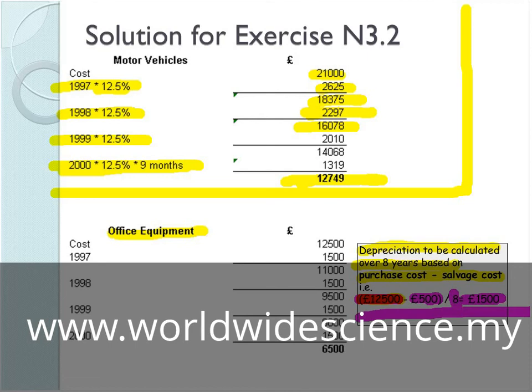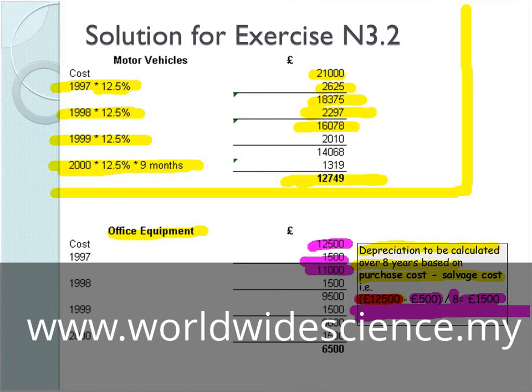So you see, we have calculated the depreciation, which is equal to 1,500, and based on the straight line method, we must show how we do the calculation for depreciation. 12,500 minus depreciation, which is equal to 1,500, and we will get the 11,000 balance for this equipment.